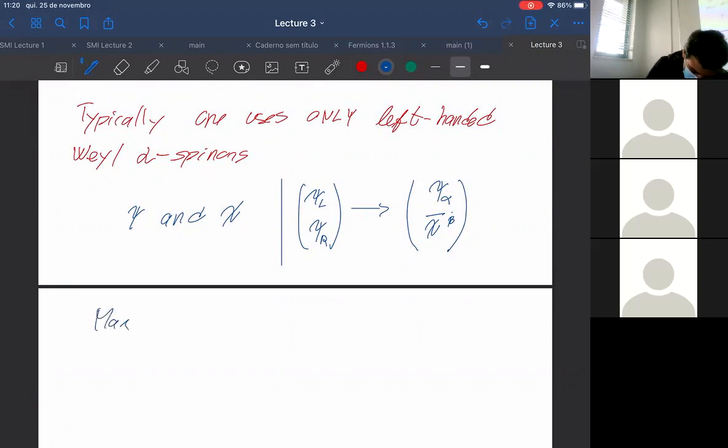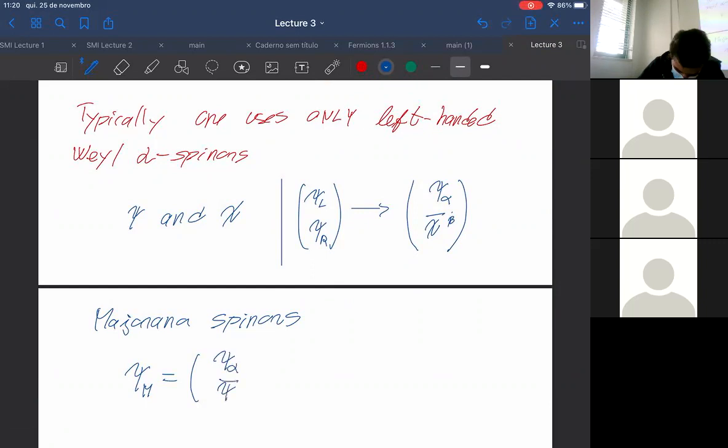Majorana spinors. You can write, for example, psi M equal to psi alpha, psi bar alpha dot, or beta dot; let me put beta to be consistent. Beta dot.